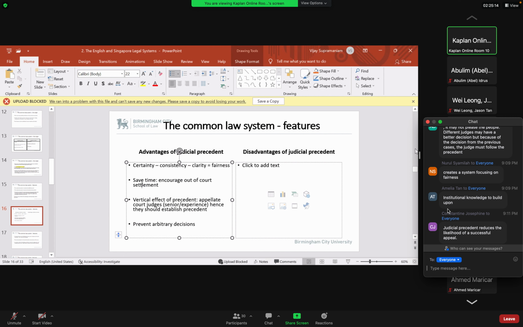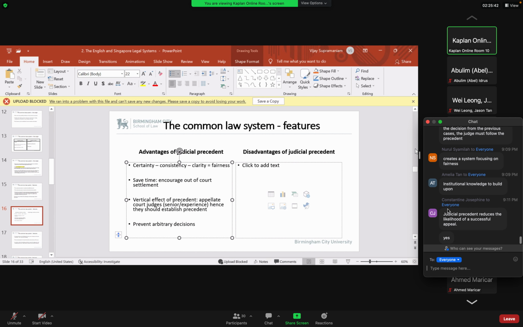Constantine says that precedent reduces the likelihood of a successful appeal. What does that mean, Constantine? I don't get that. Unless you're saying that you can prevent unnecessary cases going to court, you can prevent unnecessary appeals.